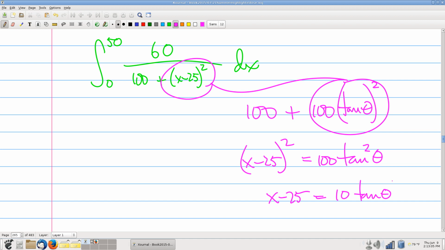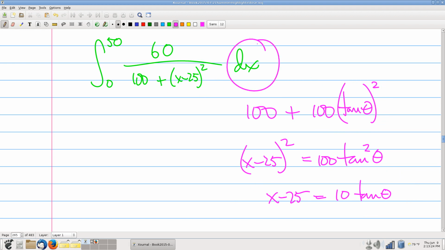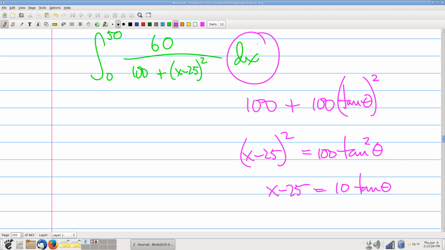That would certainly arrange what I want. So this is the formula I'm going to use. If you want to solve for x, you can, but we're not going to need to. I just need this equation relating these two things. And I am going to need to eventually know what dx is. So let me take a differential of both sides, and I get dx equals 10 secant squared theta d theta.